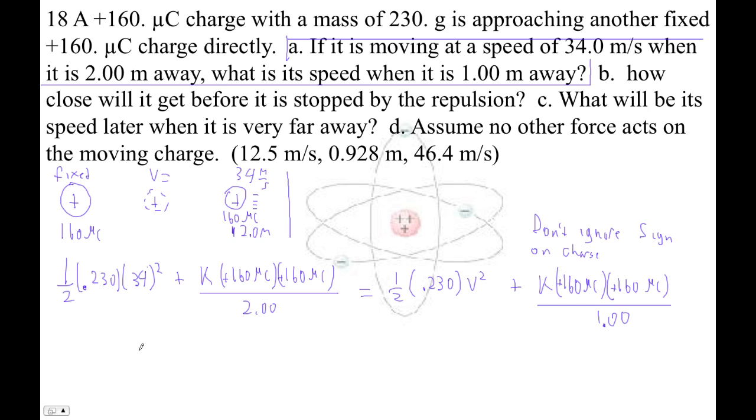All right, let's solve this. This side is 0.5 times 0.23 times 34 squared, which is 132.94.